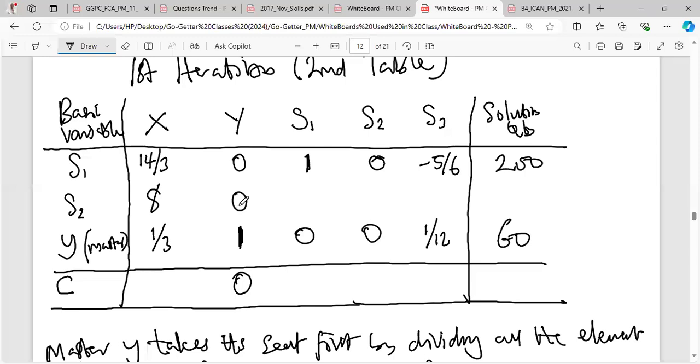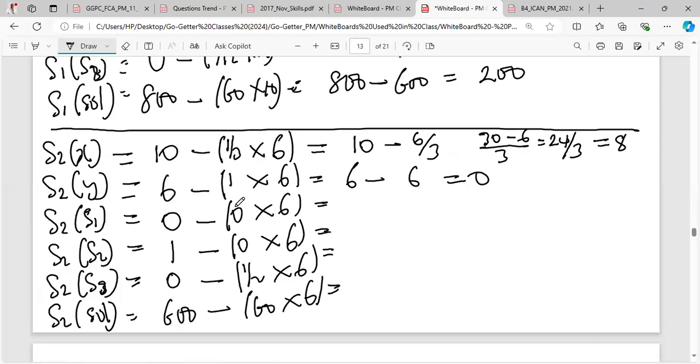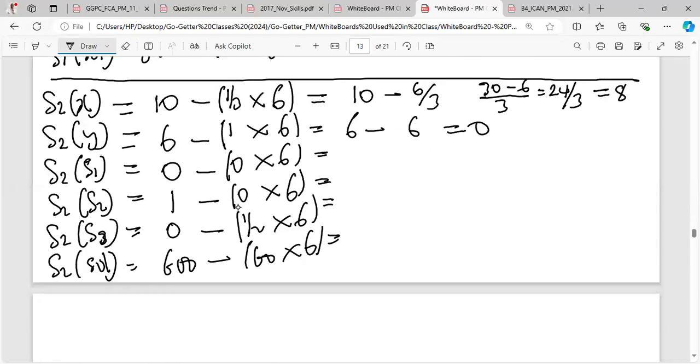So you see, we have achieved that 0 here. That was the pattern. This will now become 0 minus 0 times 6 is 0. So that will give you 0. Then this is going to be 1 minus 0 times 6, 0. That's going to be 1.